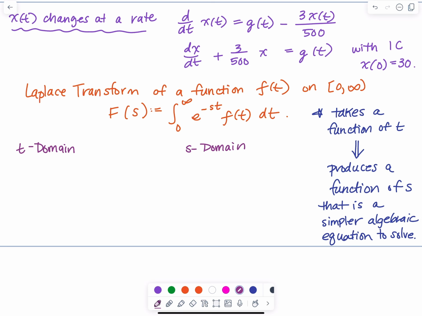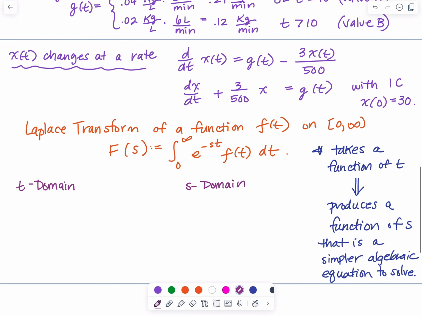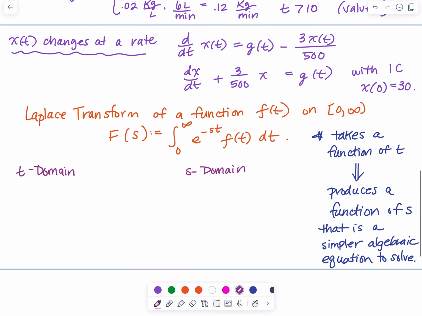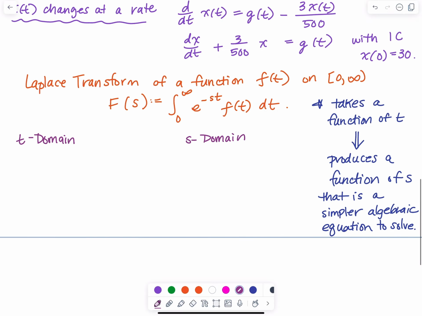So we will go ahead and take these equations that we have found previously. In the t domain, we'll have x prime of t plus 3 over 500 x of t is equal to g of t. And that's what we have right here.